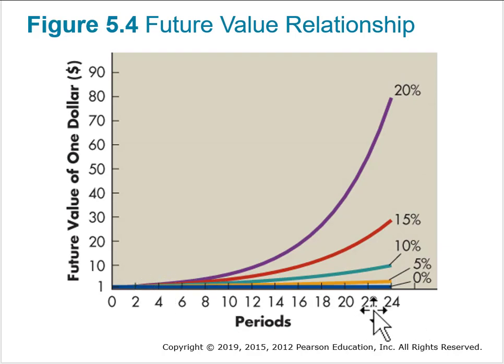So over time, hopefully this is kind of common sense, the higher the interest rate, the more money you have at the end. But it grows at an exponential rate. If you remember, our formula has an exponent in it. So again, that's how future value works.